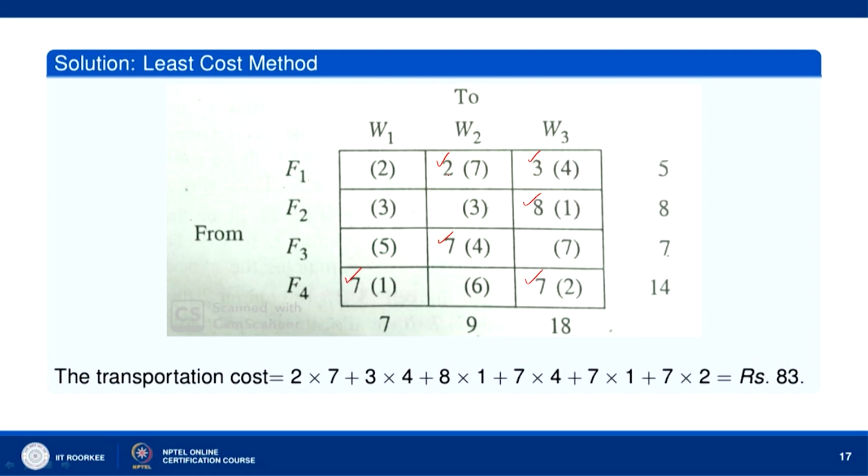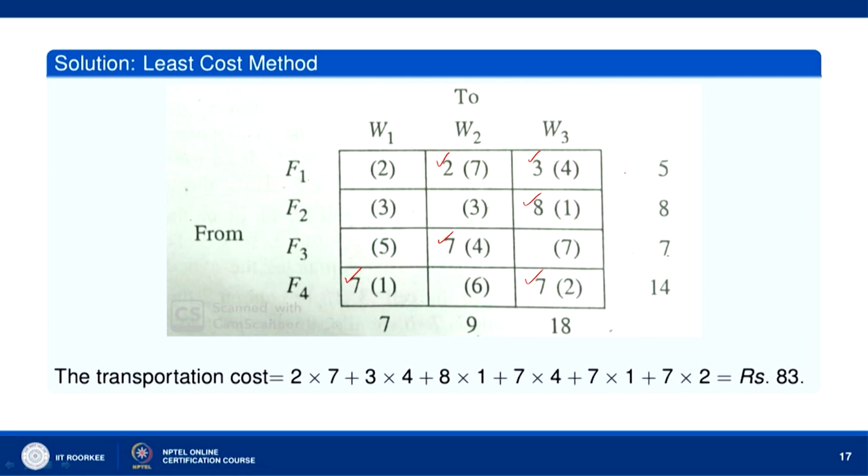This is x12, this is x13, this is x23, and this is x32. And this is x41, x43. So, these values 2, 3, 8, 7, 7, 7 are the allocations to the warehouses from the sources F1, F2, F3, F4.